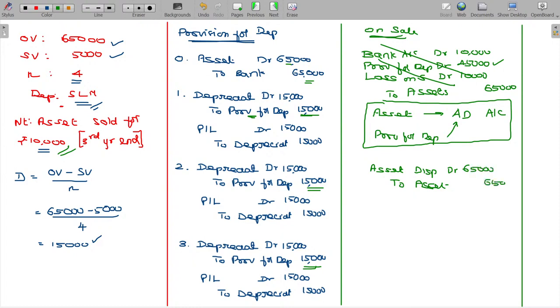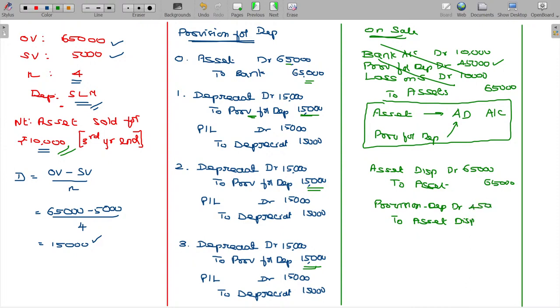The provision I had created for this asset was also transferred to the asset disposal account. Provision is on the credit side, so it should be transferred. So provision for depreciation account to asset disposal account. Of course, you can pass a single journal entry for this.